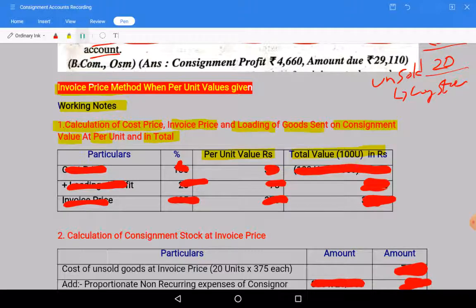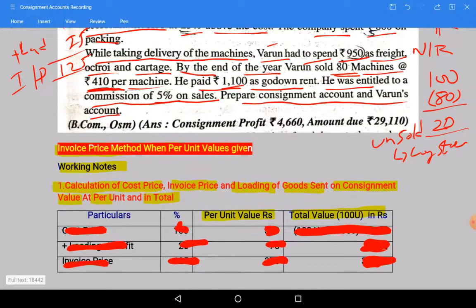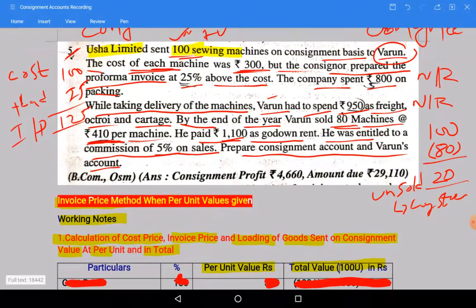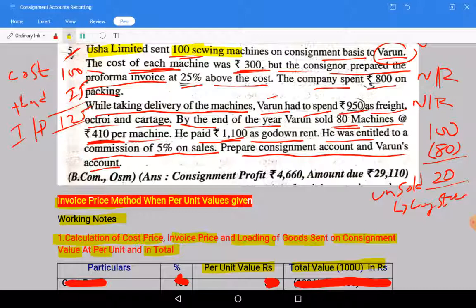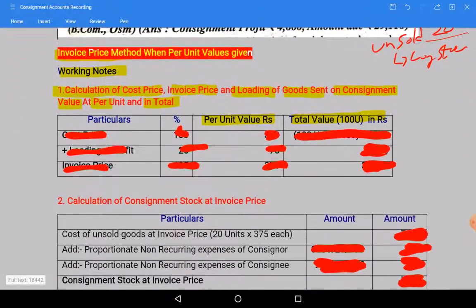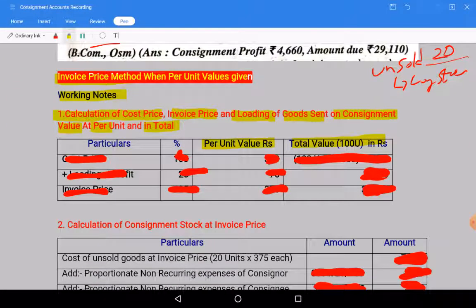They said the cost per unit of machine, the cost value, is 300, and 25% above cost. So loading is 25, and cost plus 25. That is what we are going to see here in the working note. Cost price, on cost or above cost or cost plus, will be 100%.